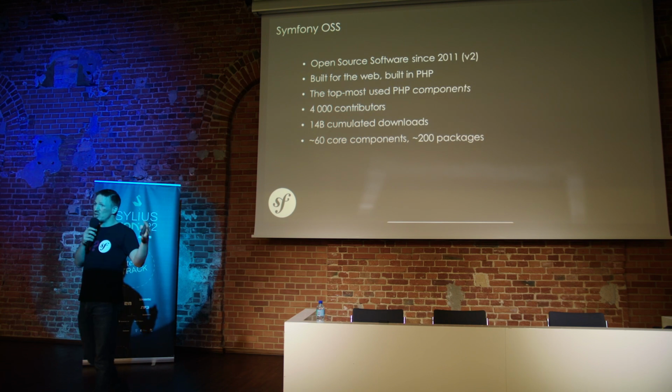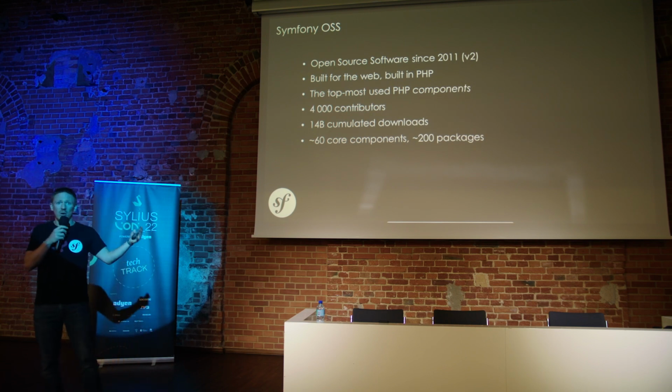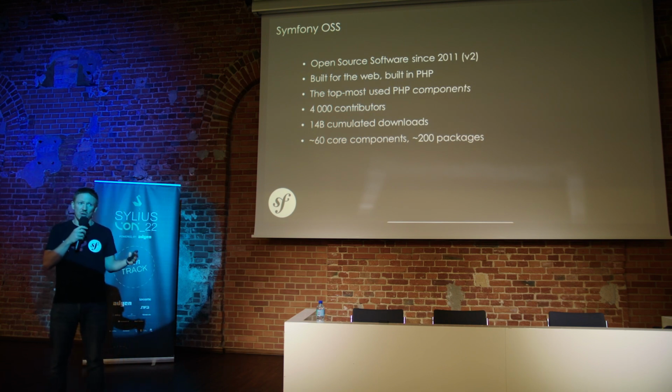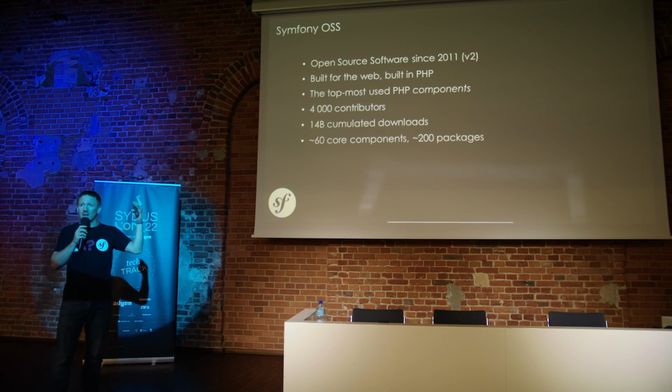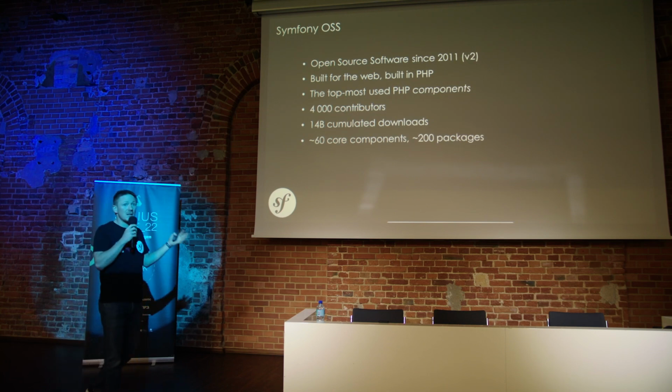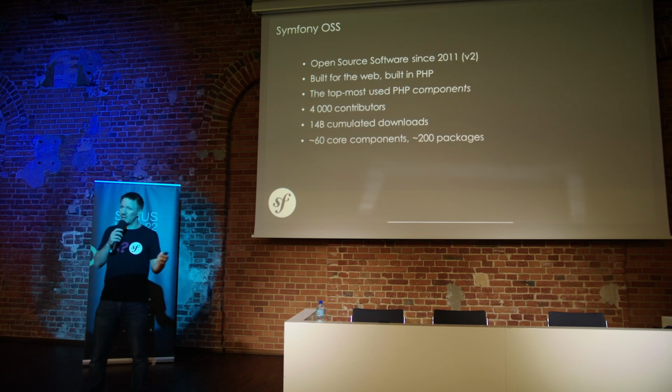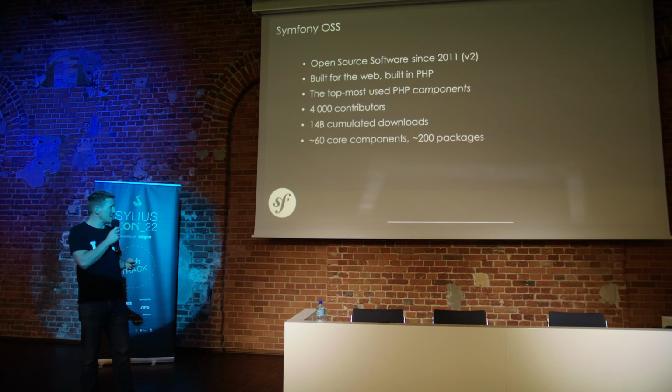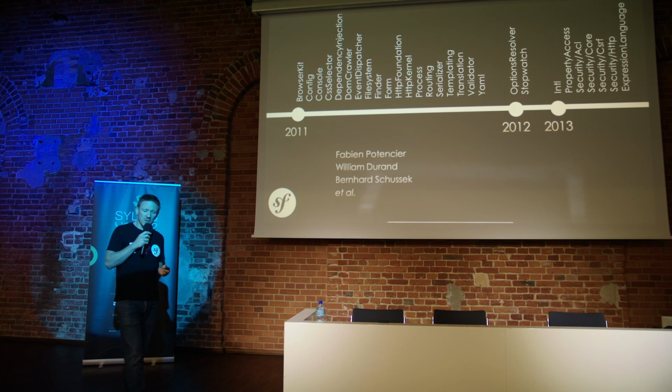They count bridges, like bridges for mailer, for notifier, for messenger. We have a bunch of them. We also count Twig there, and Mercure, which is not in the central repository, but that's still part of the Symfony project and open source ecosystem that we manage together. So that was the presentation.